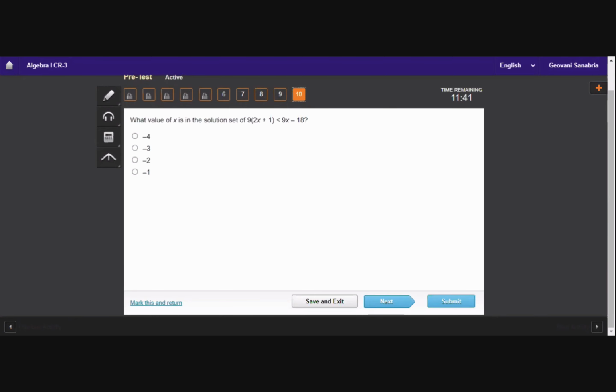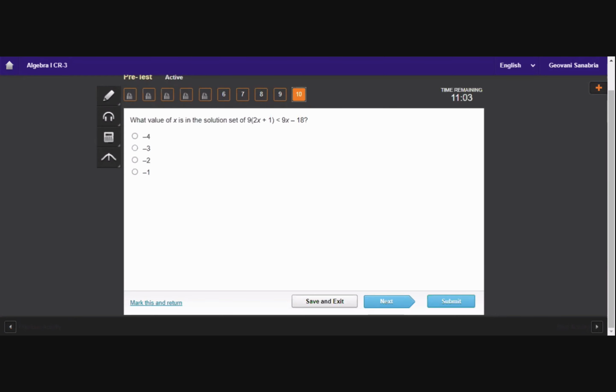So now I'm going to add the 18 to the regular 9. So 27 less than negative 9x.